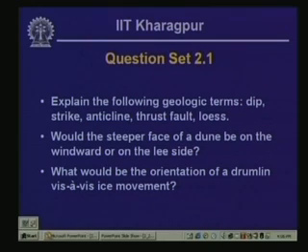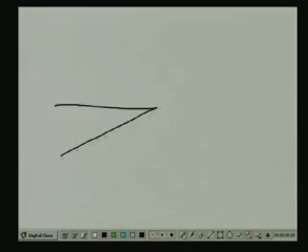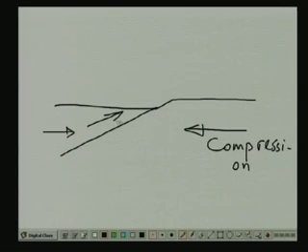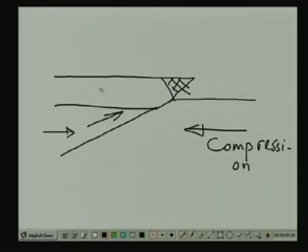What we mean by thrust fault is, say you have a fault which is essentially a shallow angle fault, and we subject these two blocks to a compressive load like that. Then this block is going to try to ride on top of the other block and eventually take a shape like this, and this block is going to get eroded out, and this kind of faulting is called thrust faulting.